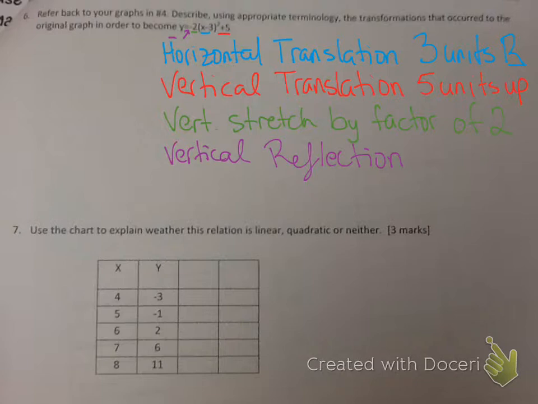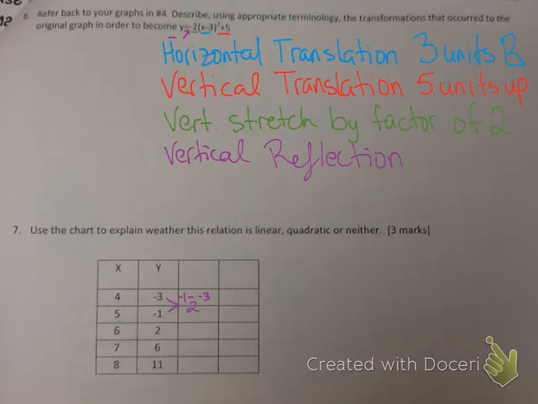Okay? Okay, now we want to use this chart to explain whether the relation is linear, quadratic, or neither for number 7. So remember, the only way we can see if something's linear, quadratic, or neither is first and second differences. Right? So to calculate the first difference, we're going to go negative 1 minus negative 3. So we're going to subtract the two y values.